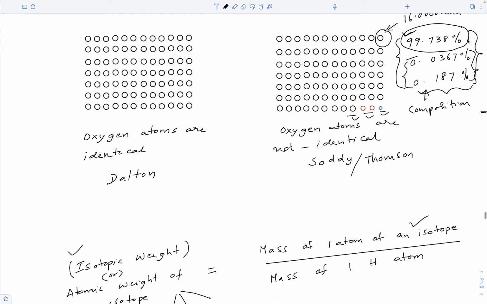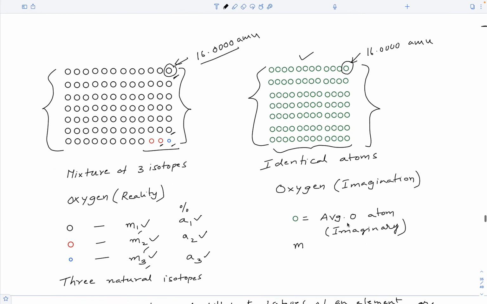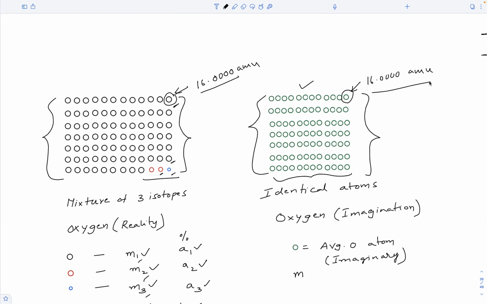So obviously, this created a divide between physicists and chemists as far as these atomic weights are concerned. Physicists took the mass of this oxygen atom, the most abundant oxygen atom, as 16 AMU. Chemists took the mass of this imaginary average oxygen atom as 16 AMU. Obviously, these two atoms do not have the same mass. We can tell that from our understanding of averages.